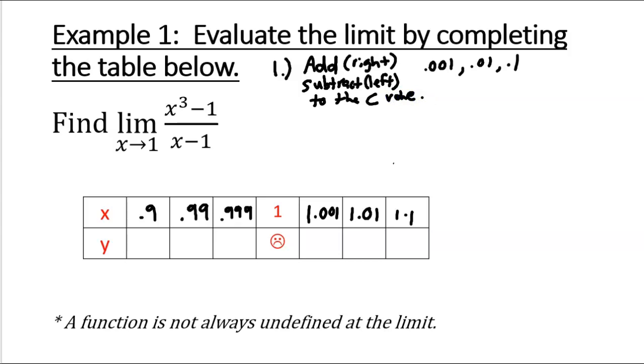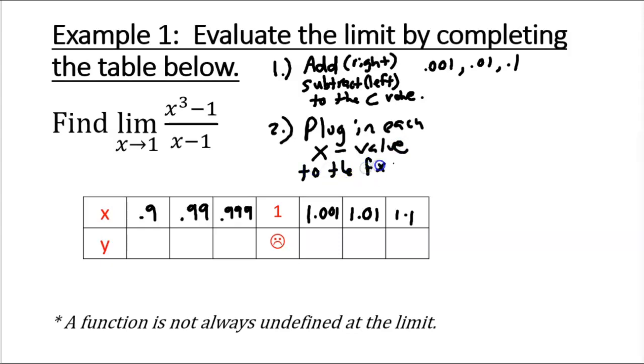All right, now the next thing is we're going to find the y values by plugging in each of the x values. So plug in each x value to the function to find each y value.